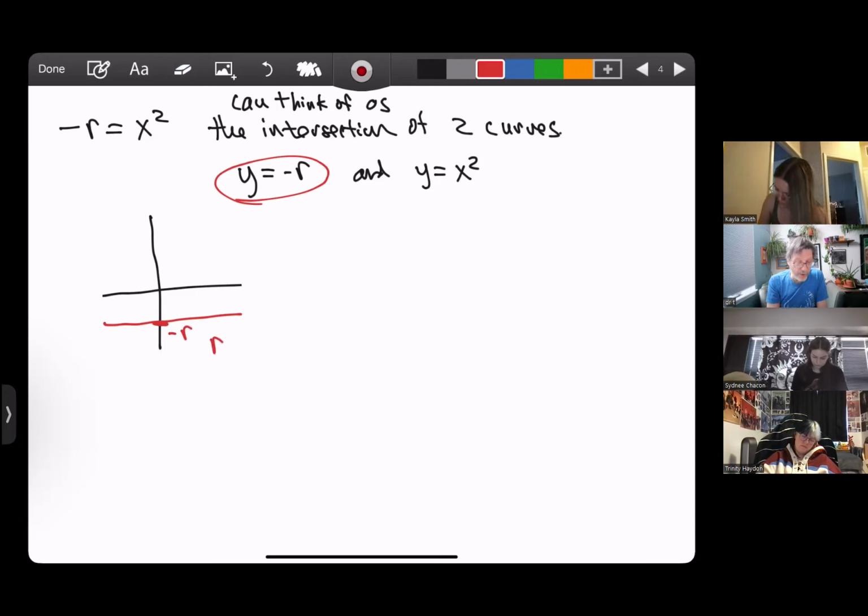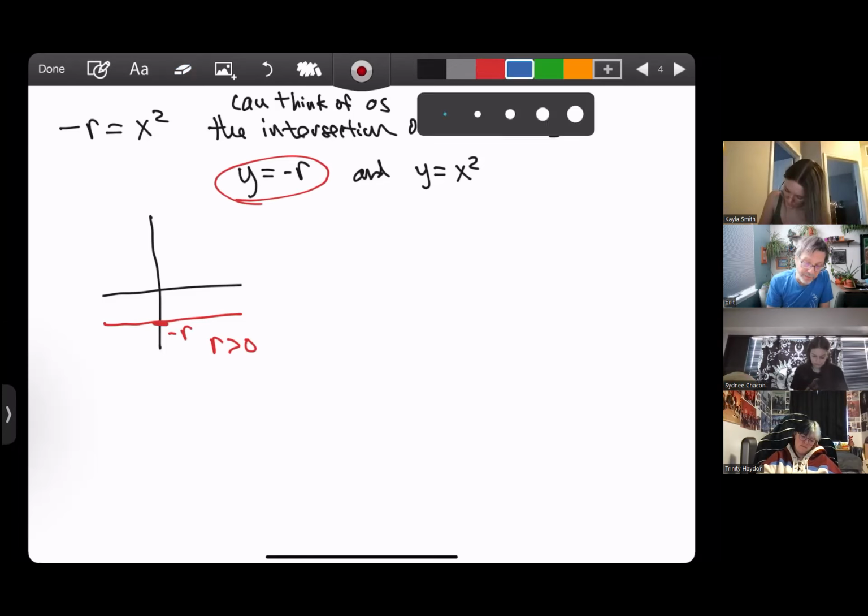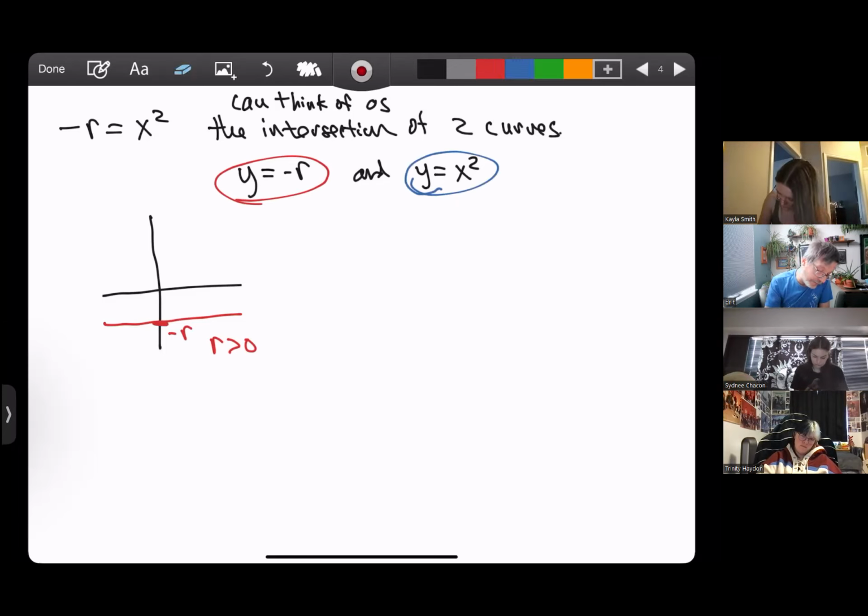The way I've drawn that picture, r must be positive, because if r is 3, then that's y equals negative 3, for example. And then the other one is just a parabola, like this. So this is y equals x squared. And this one is y equals negative r.